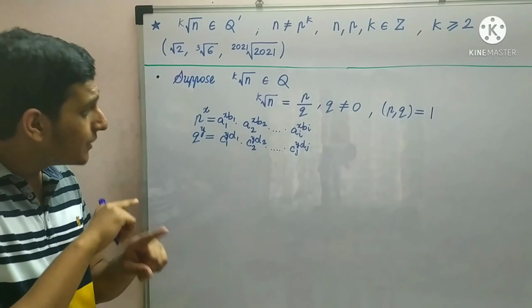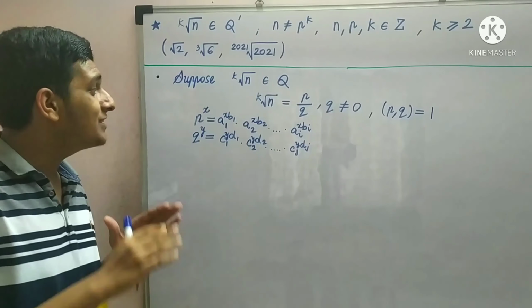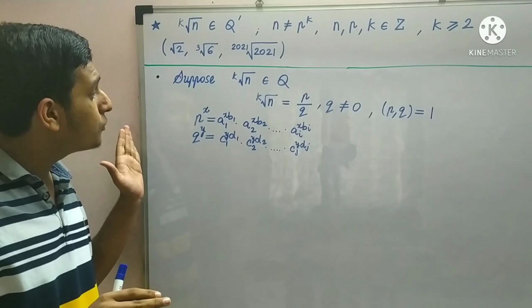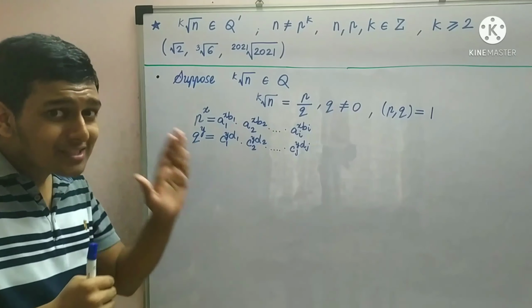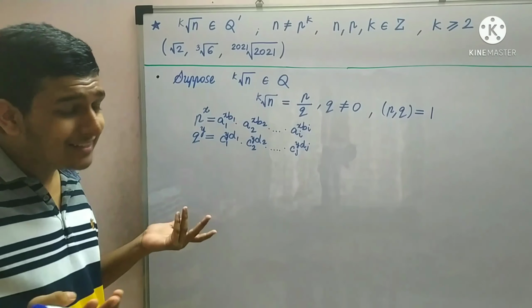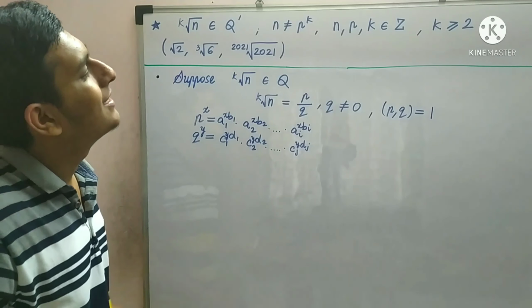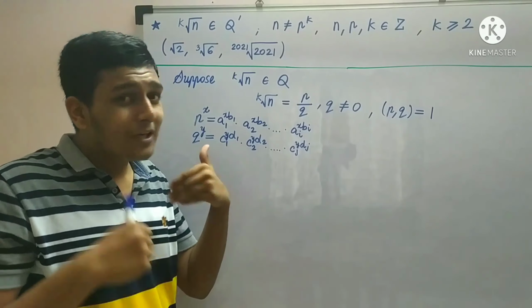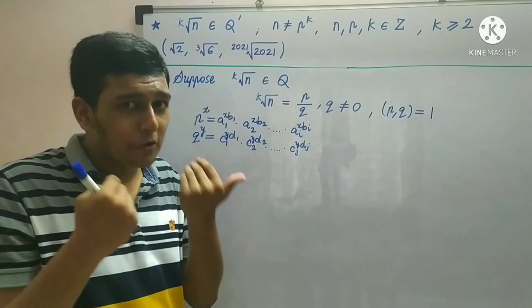By doing this, in no way are we introducing a new prime factor, and because initially we weren't able to find any prime factor that is common in p and q, we still are not able to find any prime factor or any factor that is common in p raised to x and q raised to y. So if p and q are co-prime integers, p raised to x and q raised to y follow the same path.